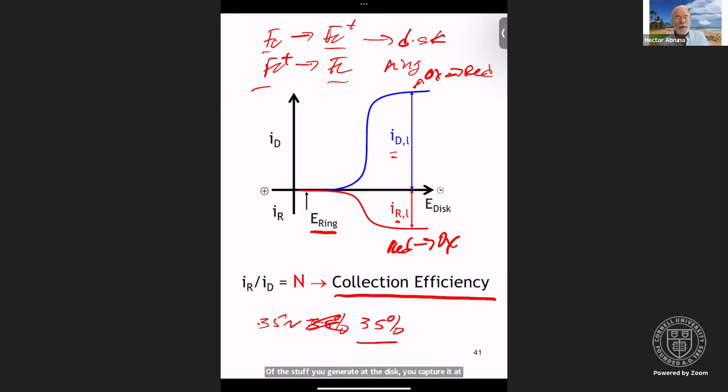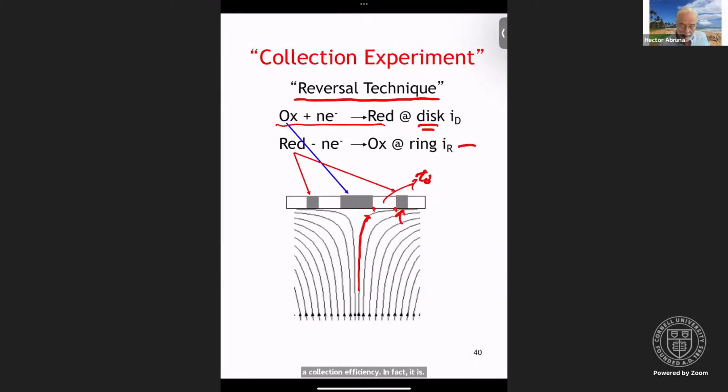And you might say, that doesn't sound like too good a collection efficiency. In fact, it is, because you have to remember, if you look at these profiles, only the species that are very close to here will make it across to the ring. So there's a lot of diffusion of species. Remember, there's a huge concentration gradient for Red, which is not present in solution. And so you lose Red because of diffusion, because of transport, etc.